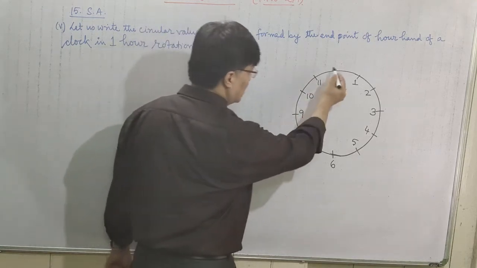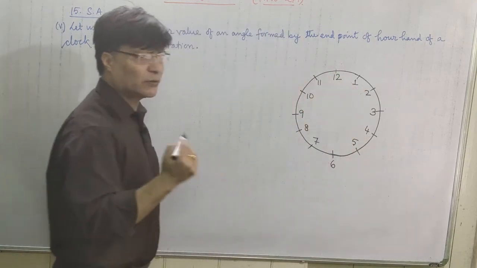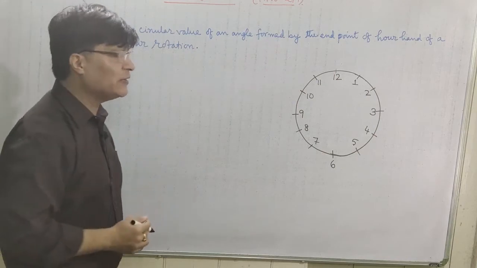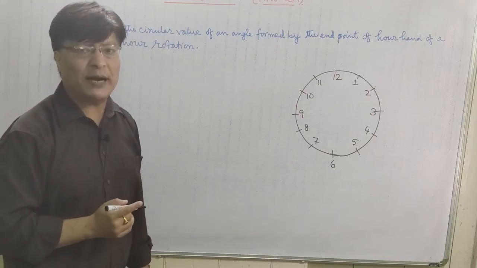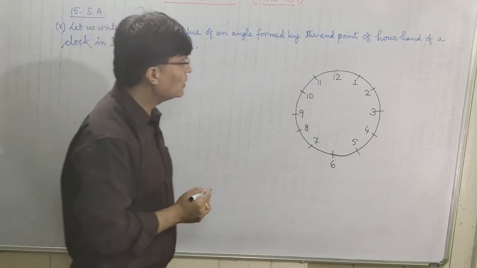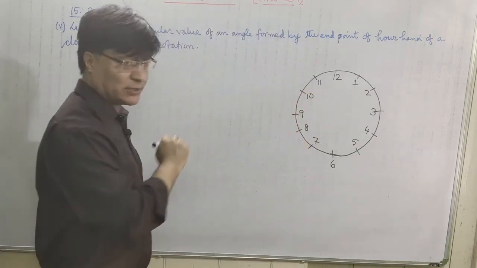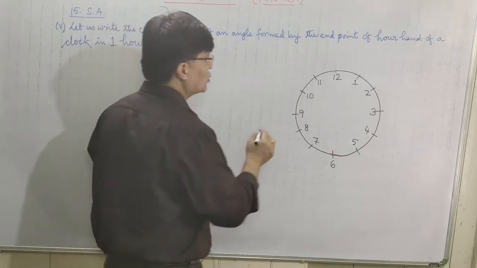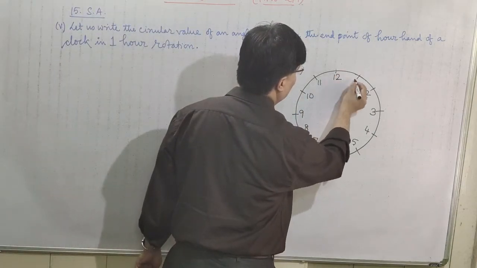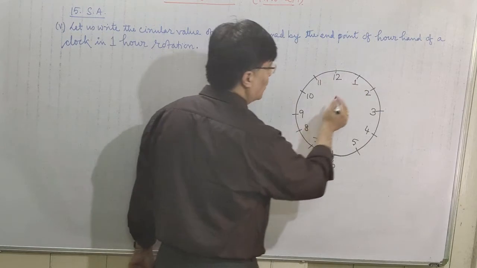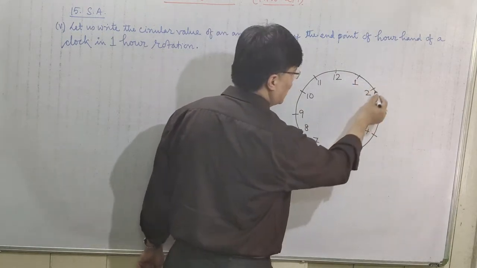That means this is the circumference of the clock, or the circumference of the circle, that is divided into 12 equal parts. Okay? So what is the angle between this 1 and 12? What is the angle between this 1 and 2? What is the angle between 2 and 3?